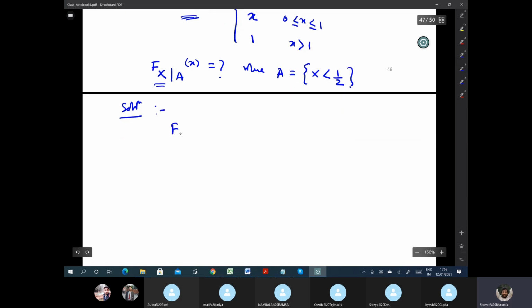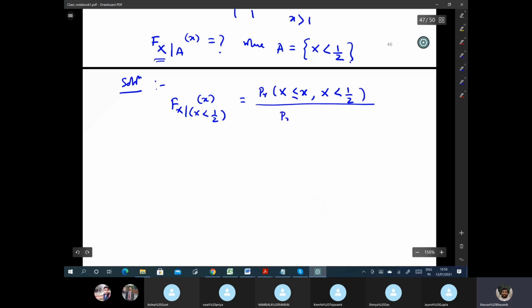F of x given X less than half will be equal to P of A given B. That means the probability of X less than small x and X less than half jointly, divided by the probability of X less than half.